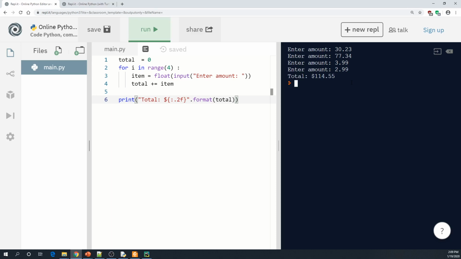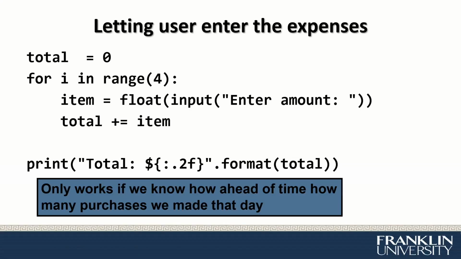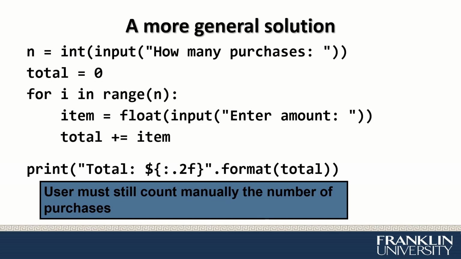But this one here, I only do 4 items, right? The loop only executes 4 times, so it only works if you know how many purchases you have. So you say, okay, why don't I make how many purchases a variable and ask the user how many purchases, and then I can have a loop to iterate that many times? That works.